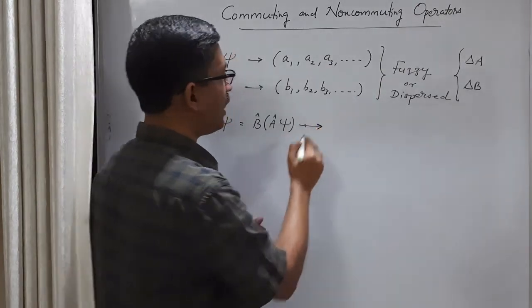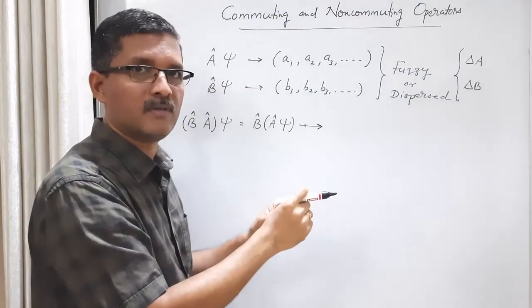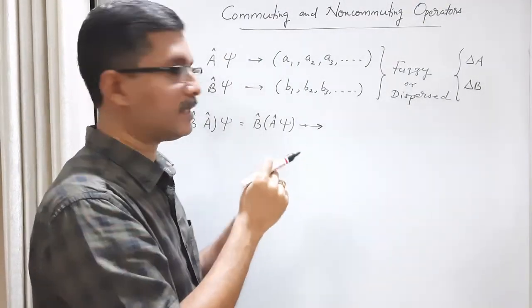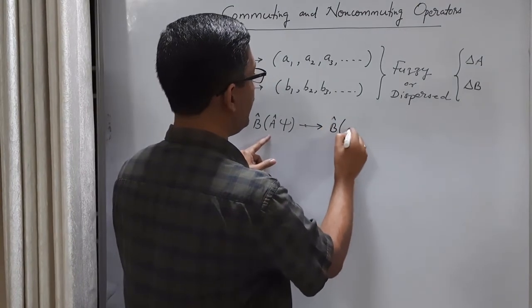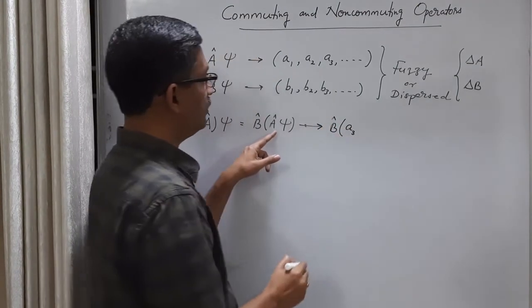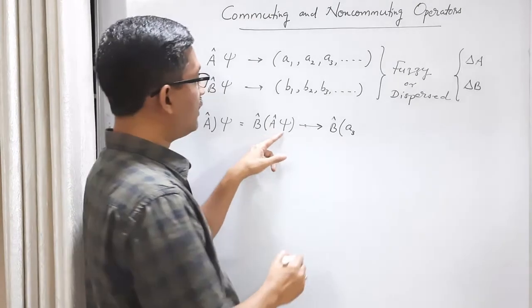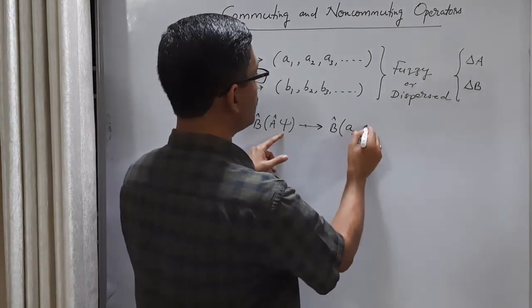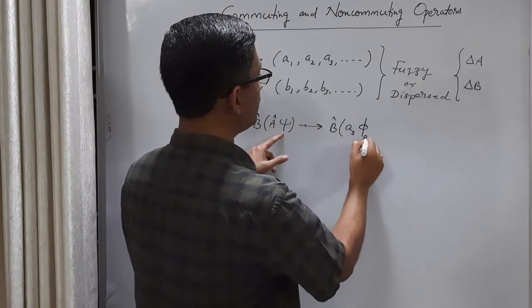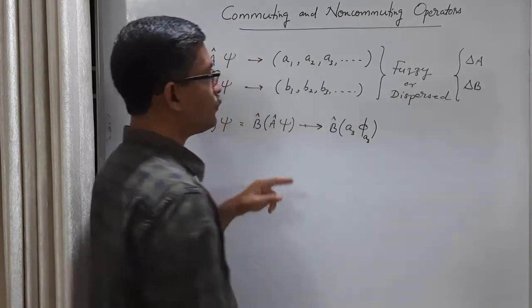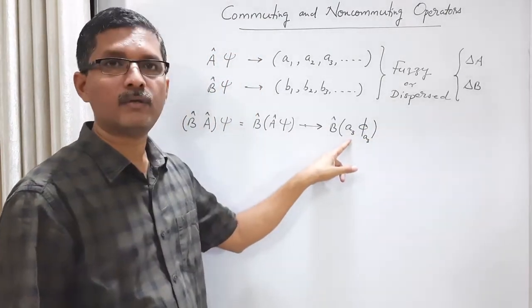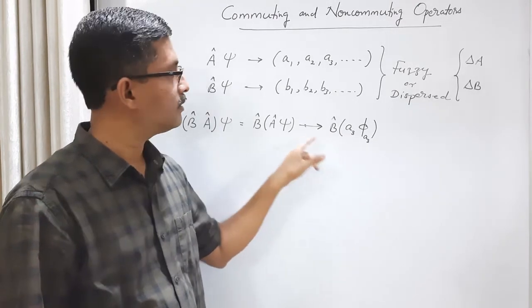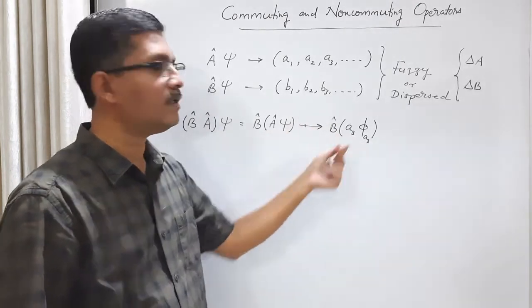So let me use an arrow to represent this collapse. We are just considering one possibility. So let us say what we get is A3. We get A3 and the state becomes phi A3, where phi A3 is the eigenstate of A corresponding to the eigenvalue A3. So it collapses from the general state to the eigenstate.